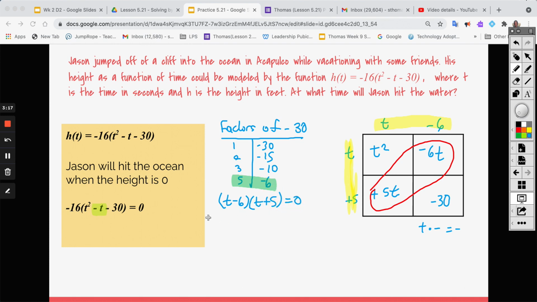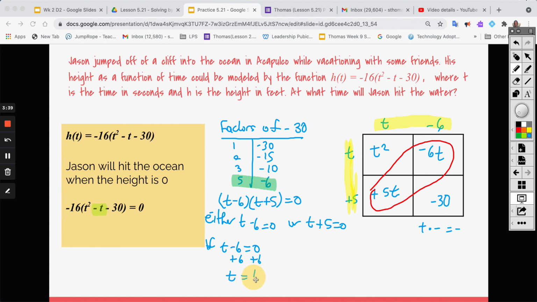So according to the zero product property, either t minus 6 is equal to 0 or t plus 5 is equal to 0. So if t minus 6 is equal to 0, we're going to add 6 to both sides.